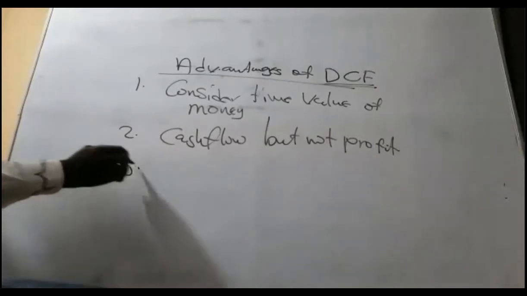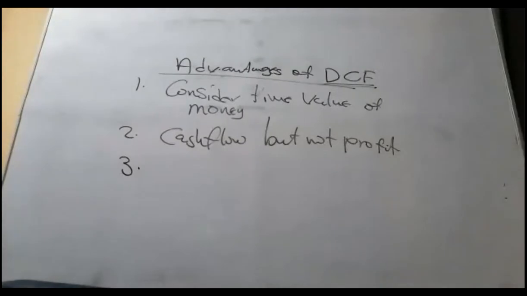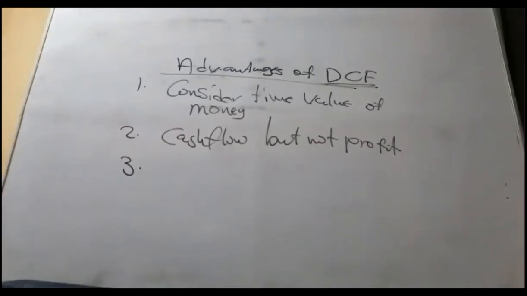Then the third one, we can talk about the risks and uncertainties. The discounted cash flow techniques also consider risks and uncertainties. The risks associated with the cash flows are all considered.